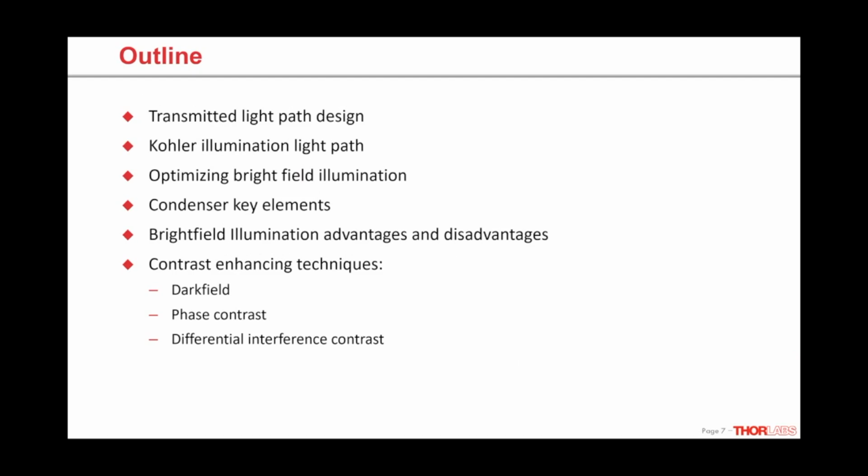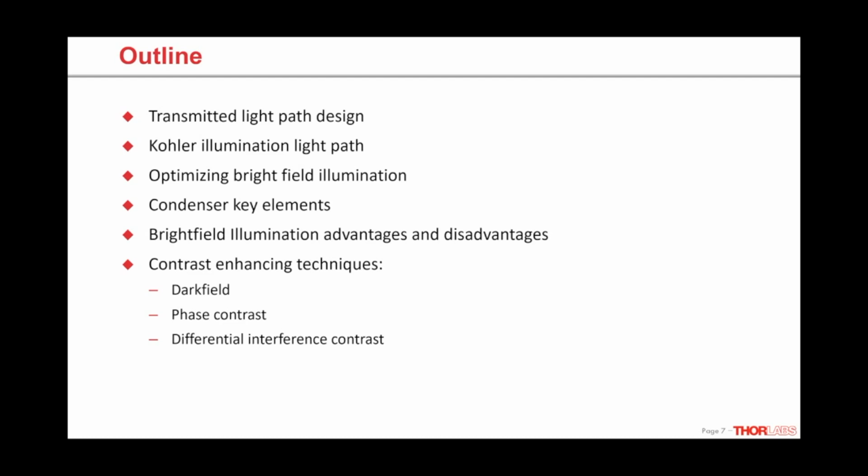In today's talk, we are going to be talking about the fundamental elements of transmitted light path design, including going through Kohler Illumination and how that is an ideal design for a transmitted light path. We will talk about how to optimize using this light path for Brightfield imaging.